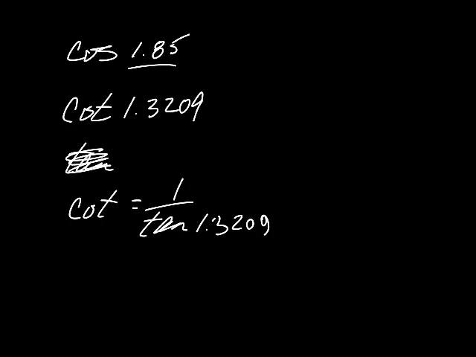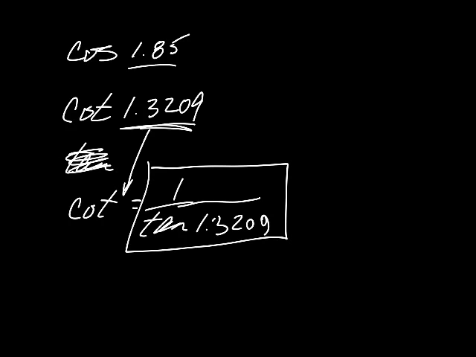Okay, so the cotangent of 1.3209 is going to be 1 over the tangent. So instead of doing anything with cotangent, we just find the tangent of 1.3209 and put 1 over it and divide it out. Same way finding secant, we use the cosine there.